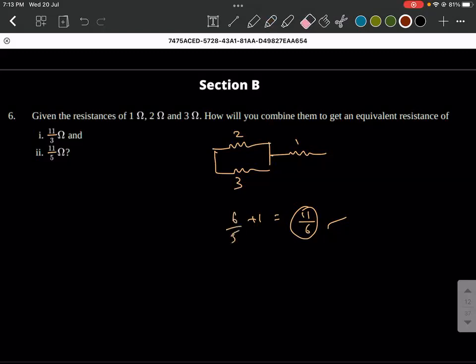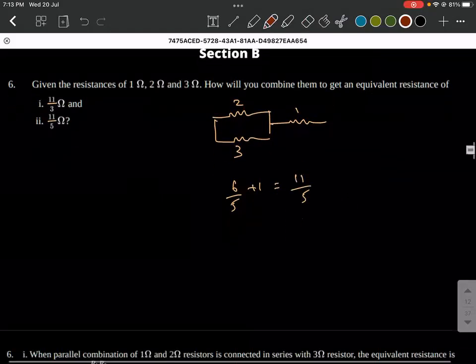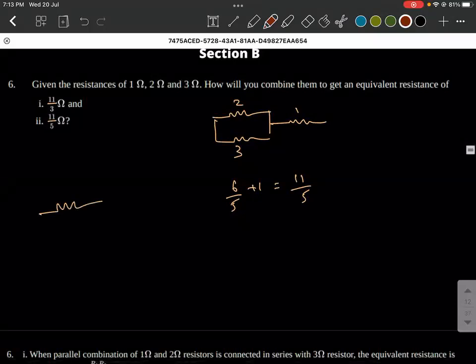So this will be for the second case. For the first case, 1 and 2 should be in parallel.